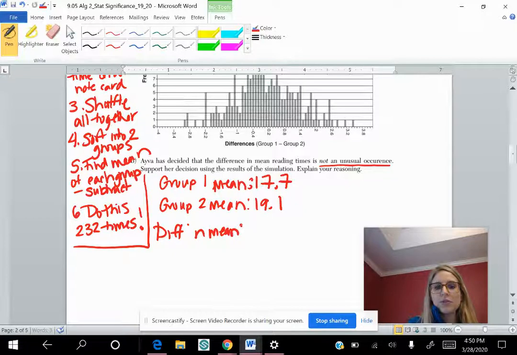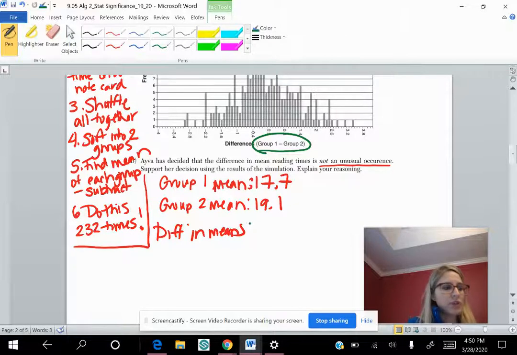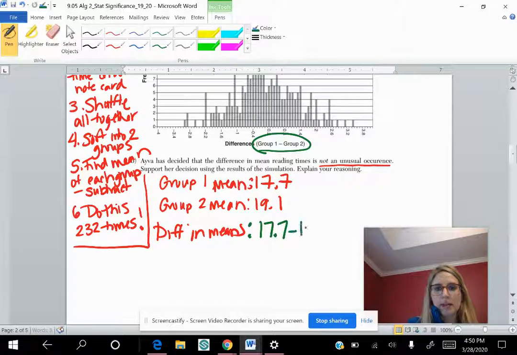And it tells you right here that you want to do group 1 minus group 2. So you want to make sure you do what they say to do. So we're going to take group 1 minus group 2. So that gives us our negative 1.4 as our difference in the means.